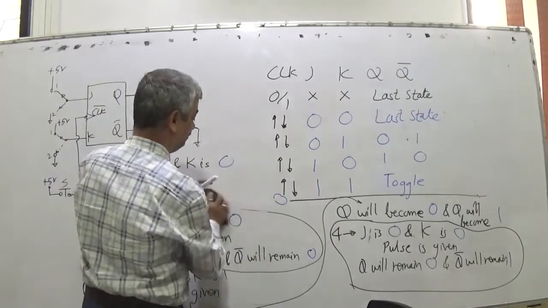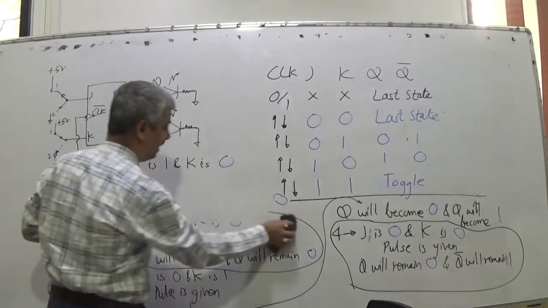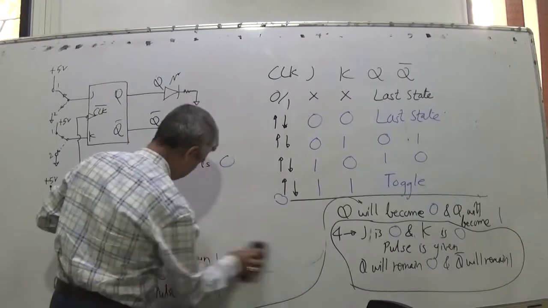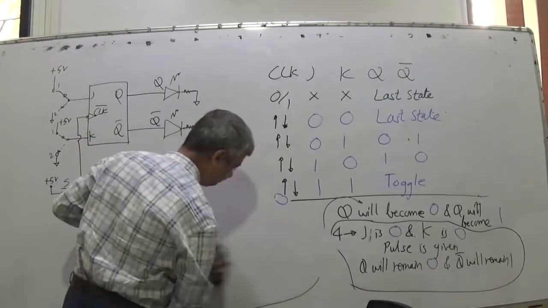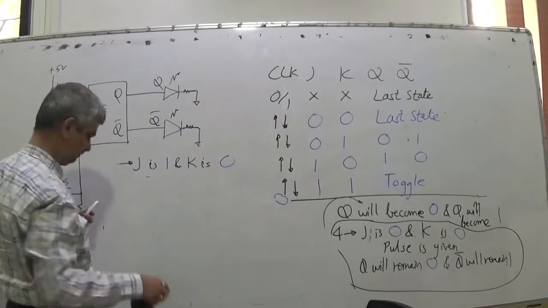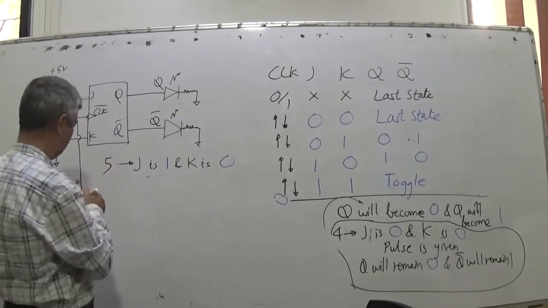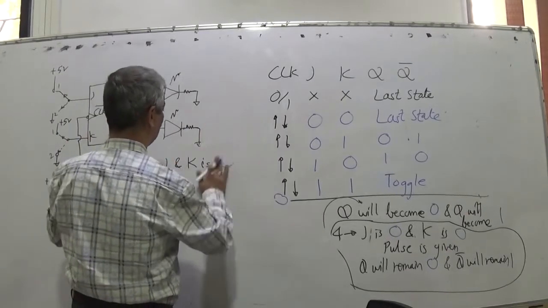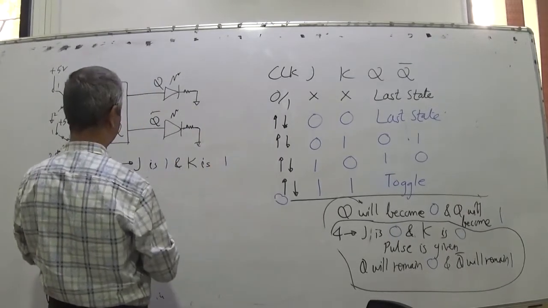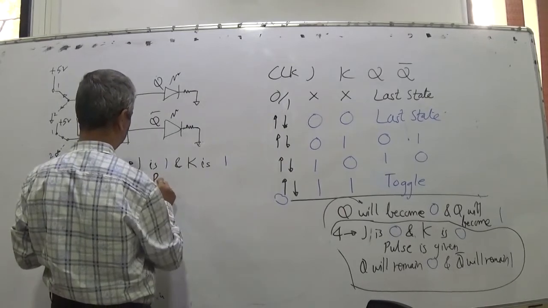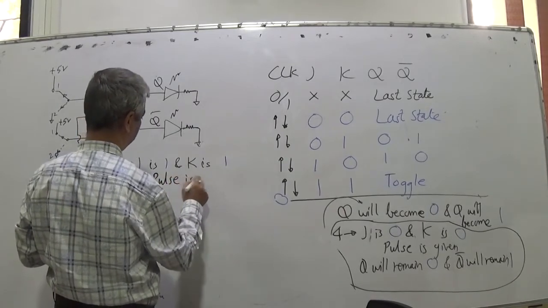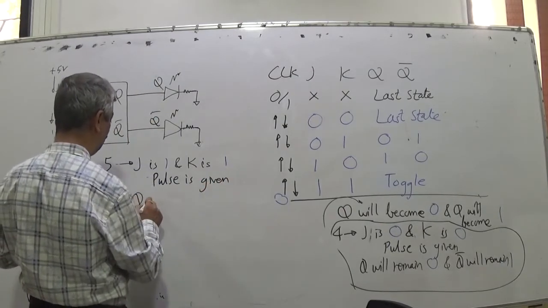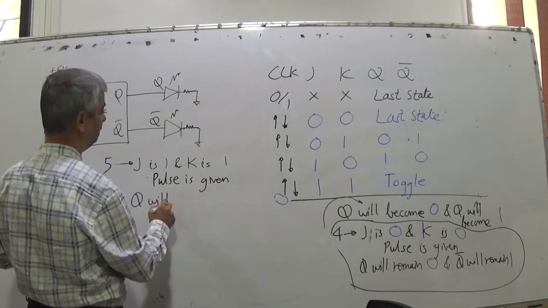After step 4, if I come to step 5, what I will do, I will make J as 1 and K as 1, and obviously a pulse is given.